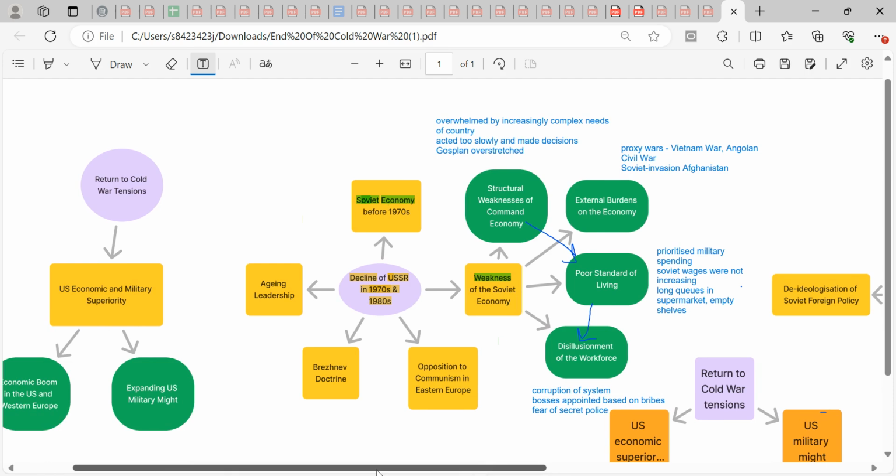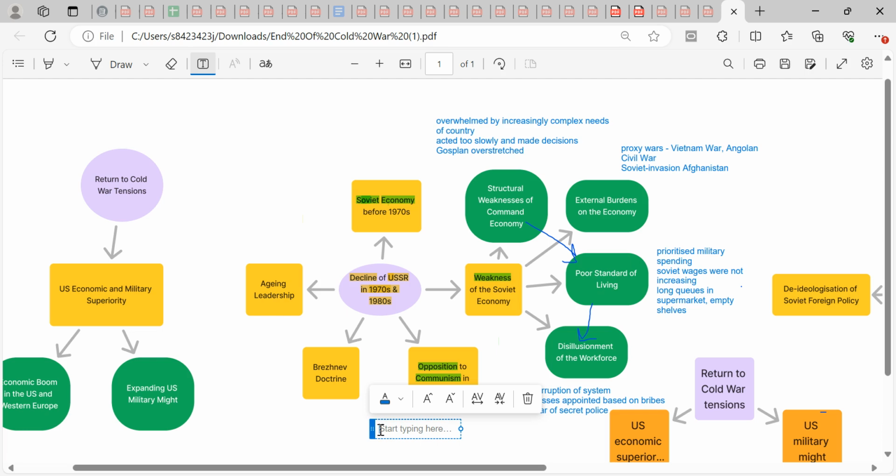So next up would be a slightly different factor: opposition to communism in Eastern Europe. What you probably would need to know is that the Soviet establishment of the satellite states and then the introduction of the Warsaw Pact enabled the Soviet Union to have a firm grip of control over Eastern Europe.